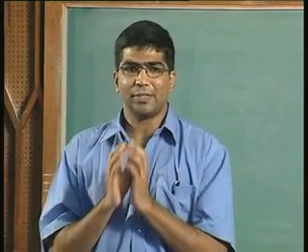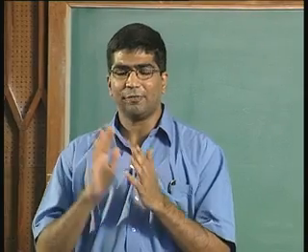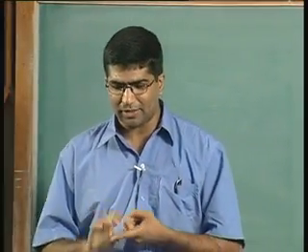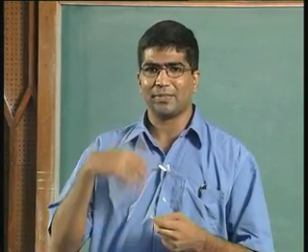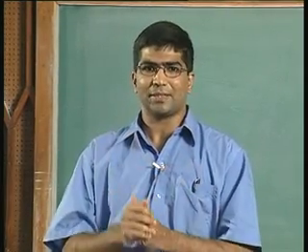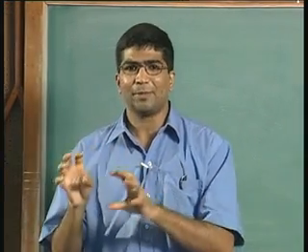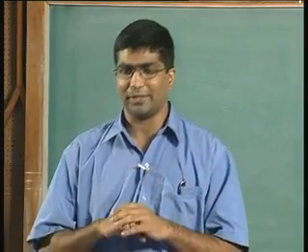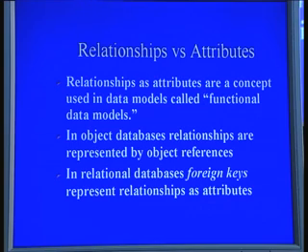That means if I am talking about an employee entity, and an employee is in some sense very closely tied to his department, so he has no identity without his department ID, in which case you have to say department ID is one of the attributes of the employee entity type. So relationships versus attributes is always a slightly tricky problem.